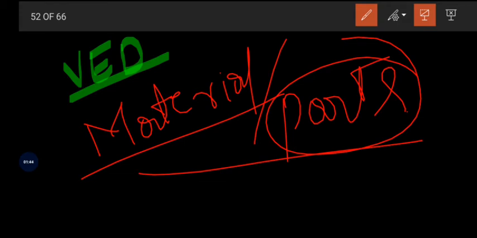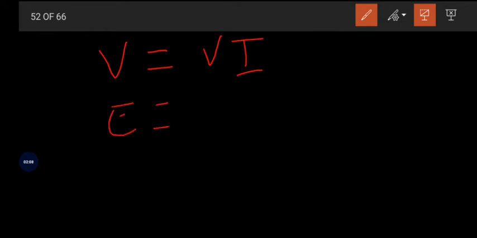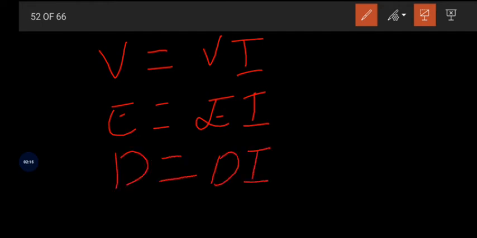That's it. See, under inventory management, inventory items are classified on the basis of criticality to the production process or the other services, which means V is nothing but vital items, E is nothing but essential items and D is nothing but desirable items.